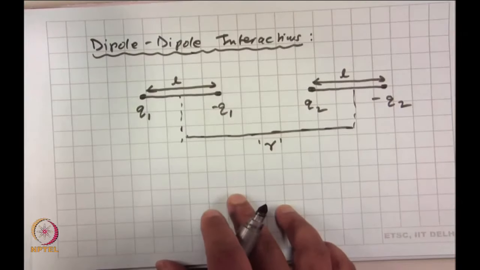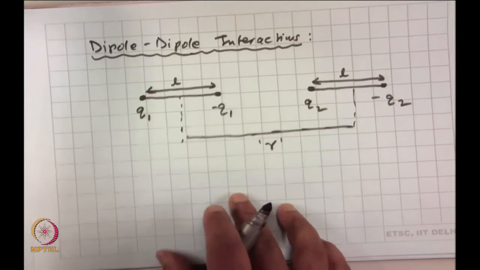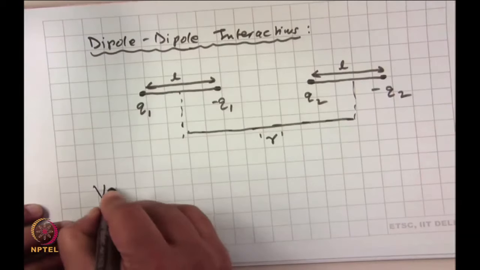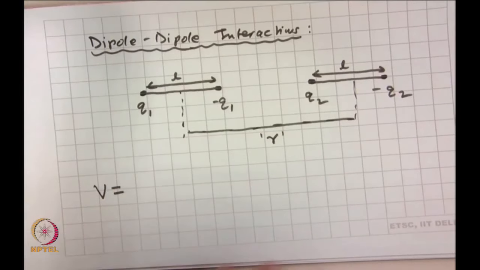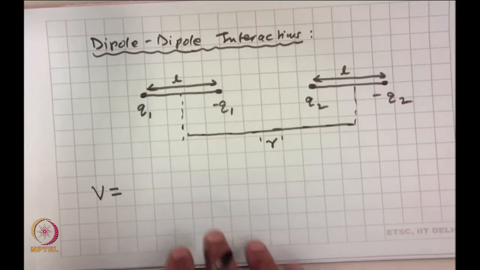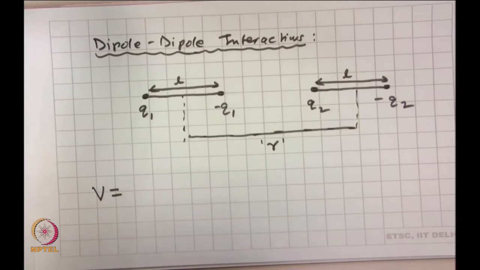Now you have to tell me, if I am going to write V, which is the interaction energy or the interaction potential, how many terms am I going to get? You are going to get 4 terms. Is everybody clear about that? Why?